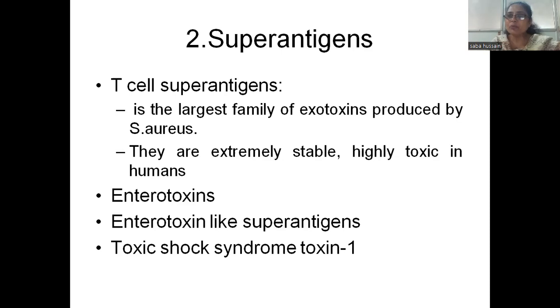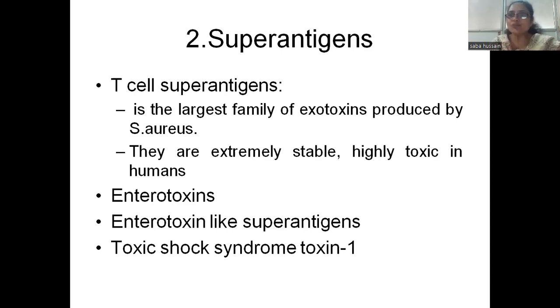Different kinds, when we will be talking about pathogenicity of Staphylococcus aureus, I will be discussing in my next coming lecture. In pathogenicity, we will go into the details of how these T cell superantigens are damaging the host. Here we are focusing on the types of superantigens which Staphylococcus aureus possesses.